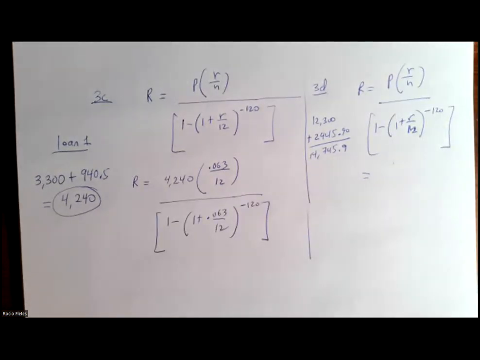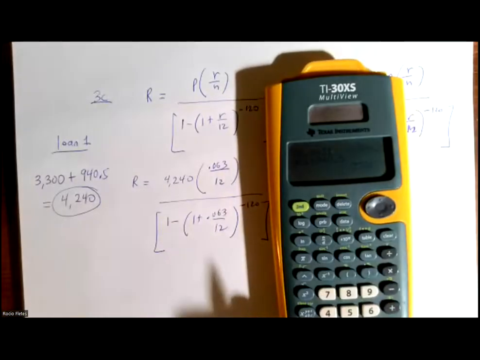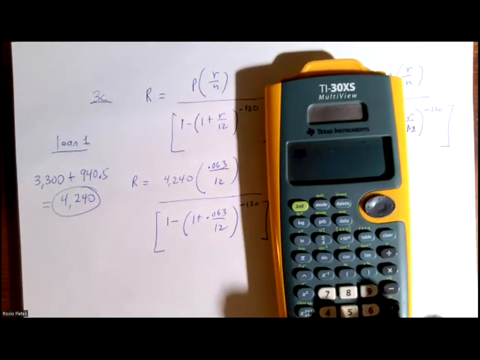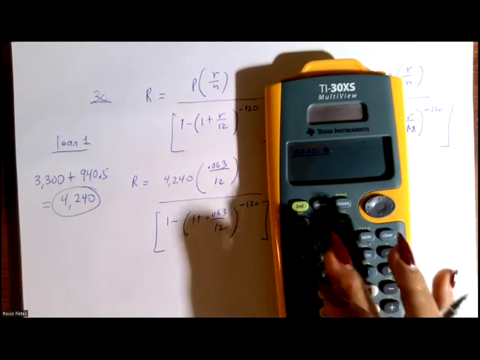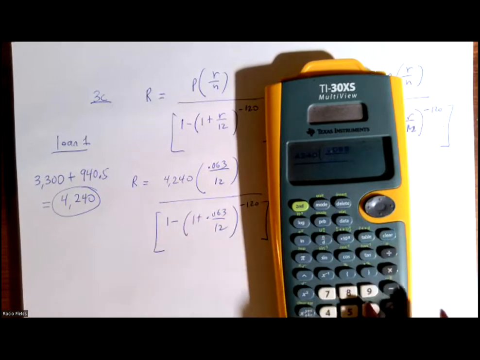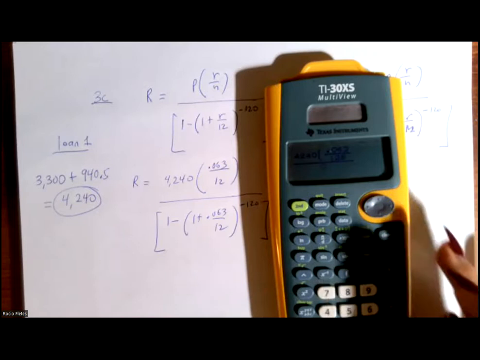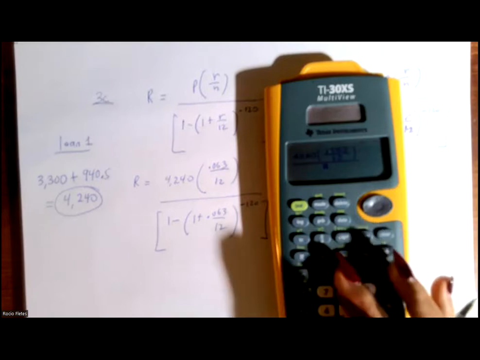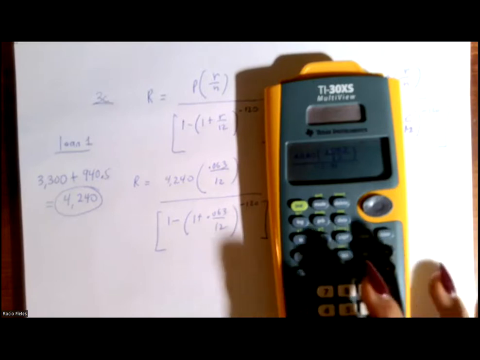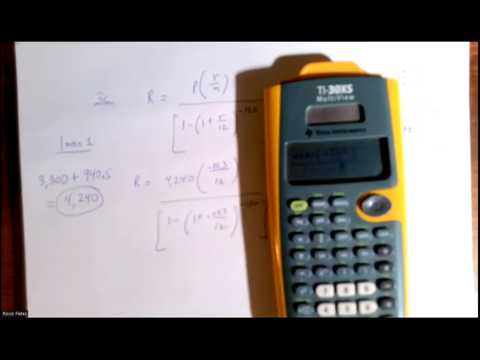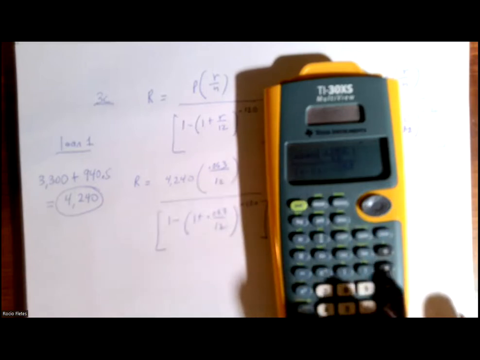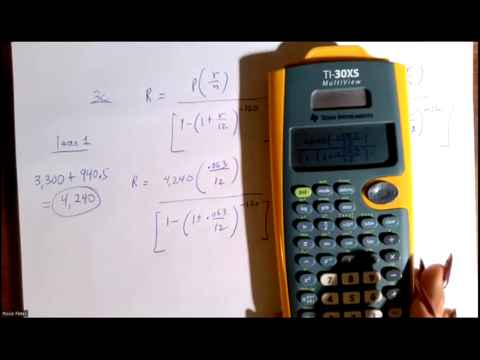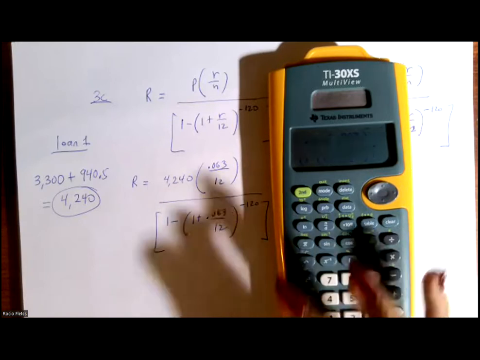When you plug this into the calculator, make sure you are very careful. It's 4,240 parentheses fraction 0.063 over 12, close parentheses. Then parentheses 1 minus parentheses 1 plus fraction 0.063 divided by 12, close the parentheses, raise it to the exponent, the negative.